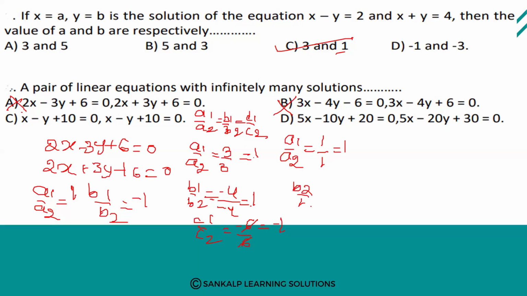B1 divided by B2 is minus 1 divided by minus 1, here also it is 1. Like that, C1 divided by C2 is 10 divided by 10, here also you will have 1. So all the ratios are equal. That means such equations have coincident lines. Infinitely many solutions. So option C is right.